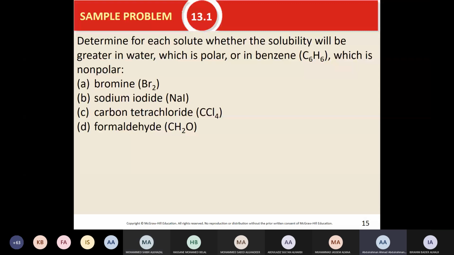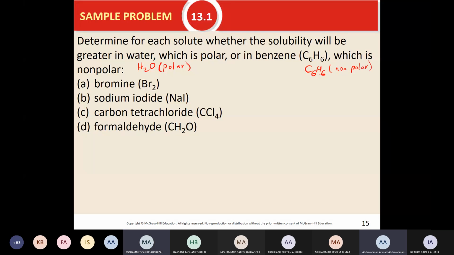Which one of these four will dissolve in water, H2O, and or in benzene, C6H6? Of course, water, we know that it is polar. But benzene is non-polar. Very good.